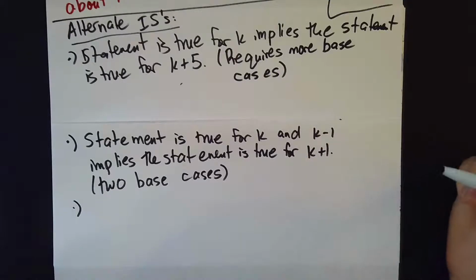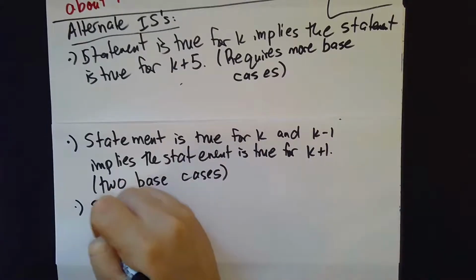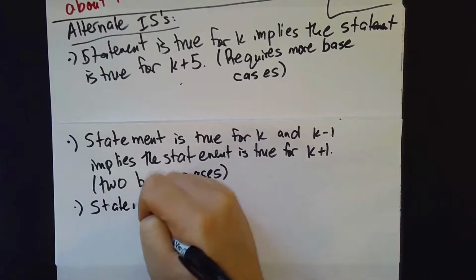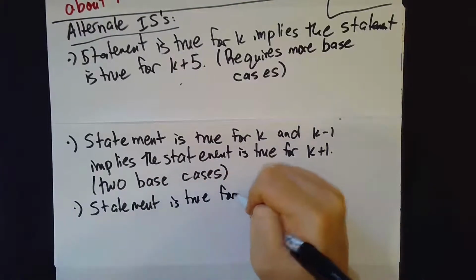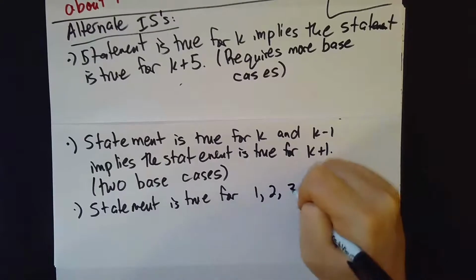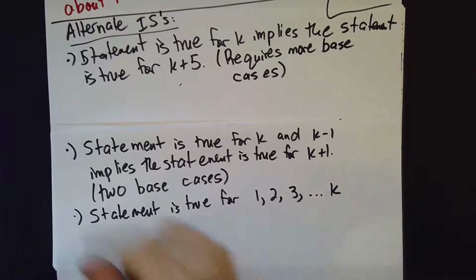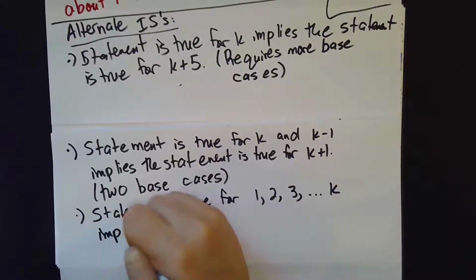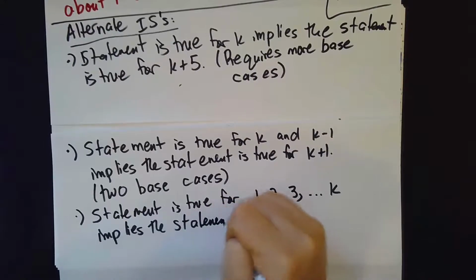And then next, and this is sort of the final form of this that I think we've talked about, is the statement is true for 1, 2, 3, all the way up to k, implies the statement is true for k plus 1.